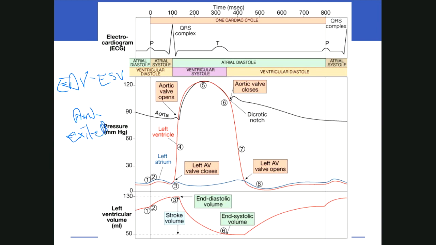That's called stroke volume. So EDV minus ESV equals the stroke volume. Any questions about any of that?